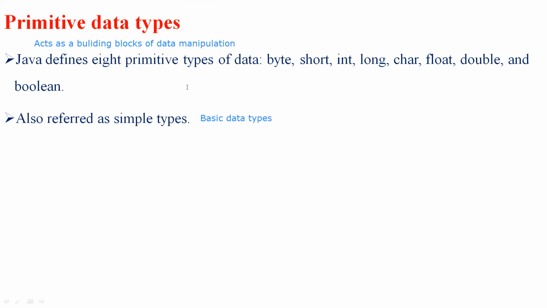Java defines 8 primitive types of data: byte, short, int, long, char, float, double, and boolean, which are referred to as simple types or basic data types.